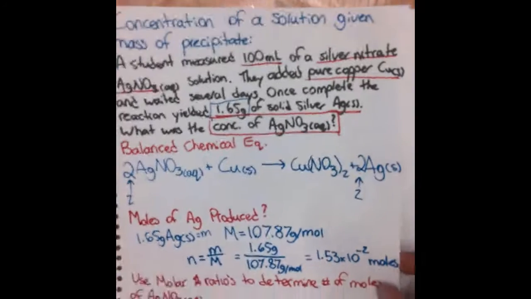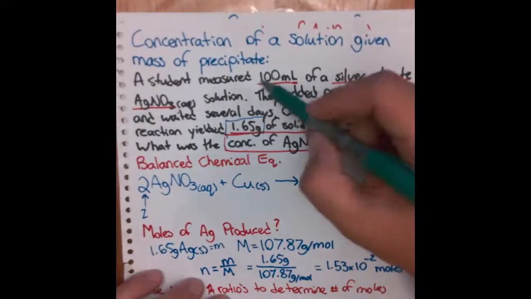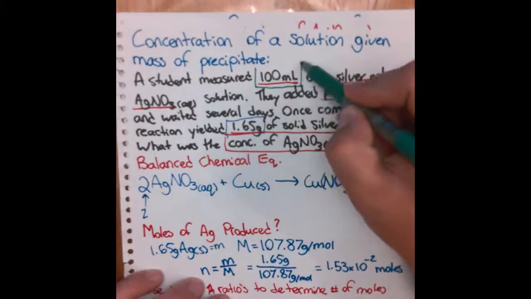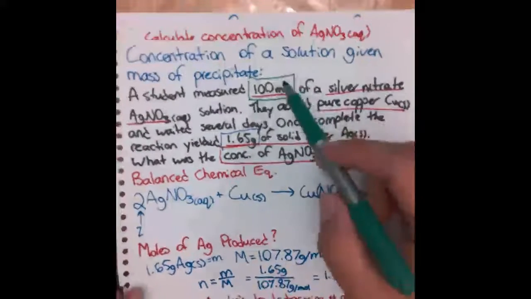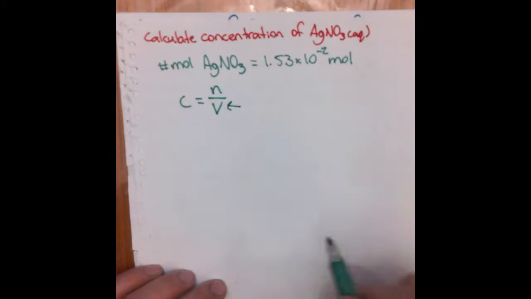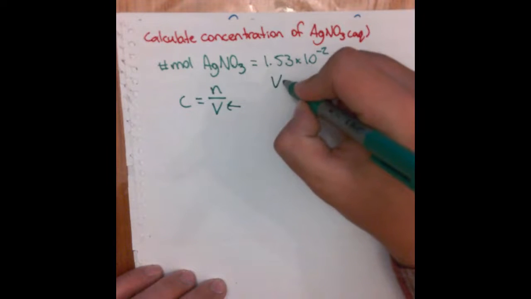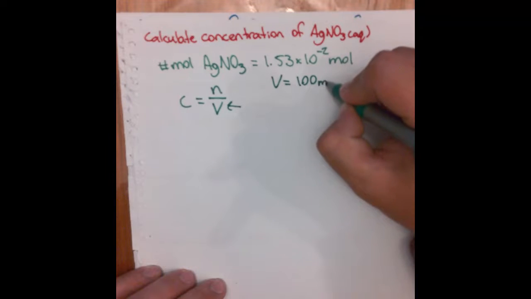And if we look back to the original question, we measured out 100 milliliters of our silver nitrate. So we can take that 100 milliliters and sub it in here for our V. So our V is going to equal 100 milliliters.